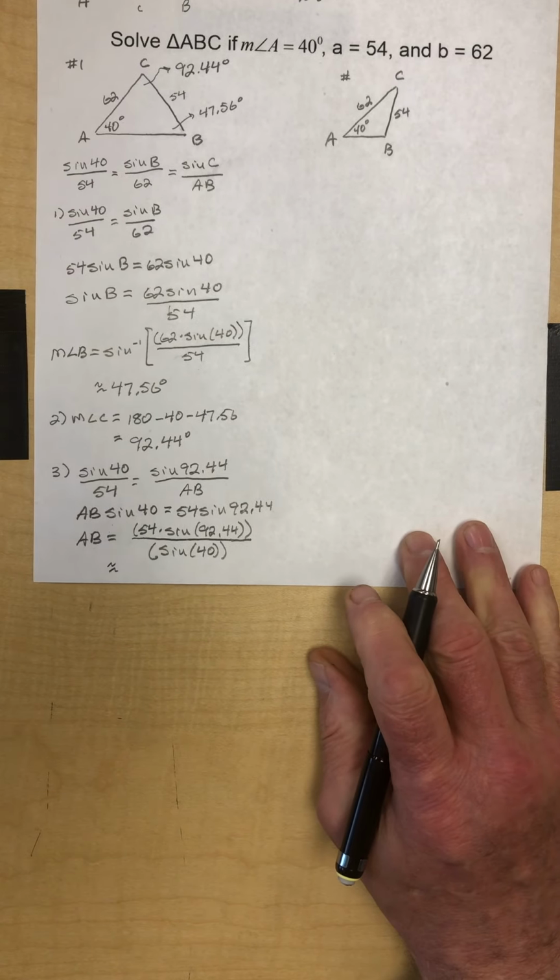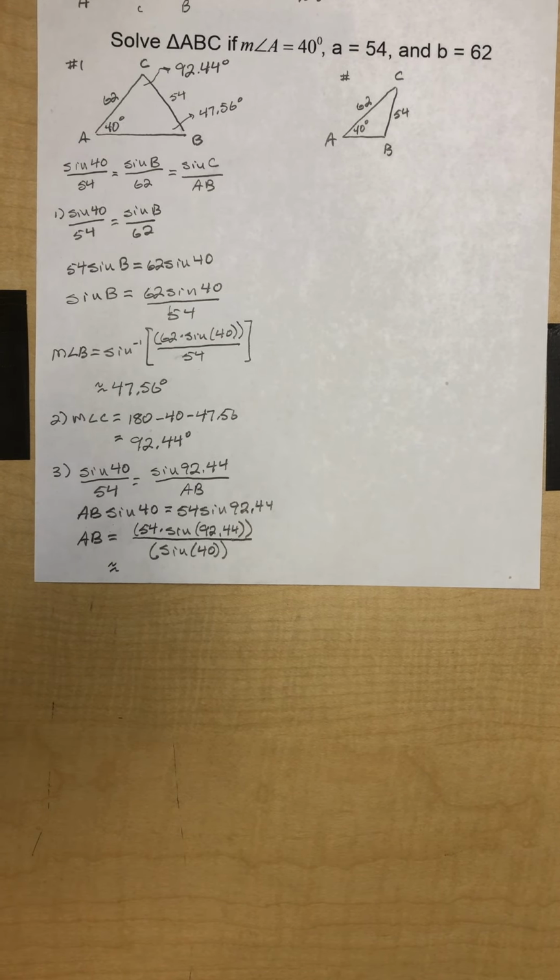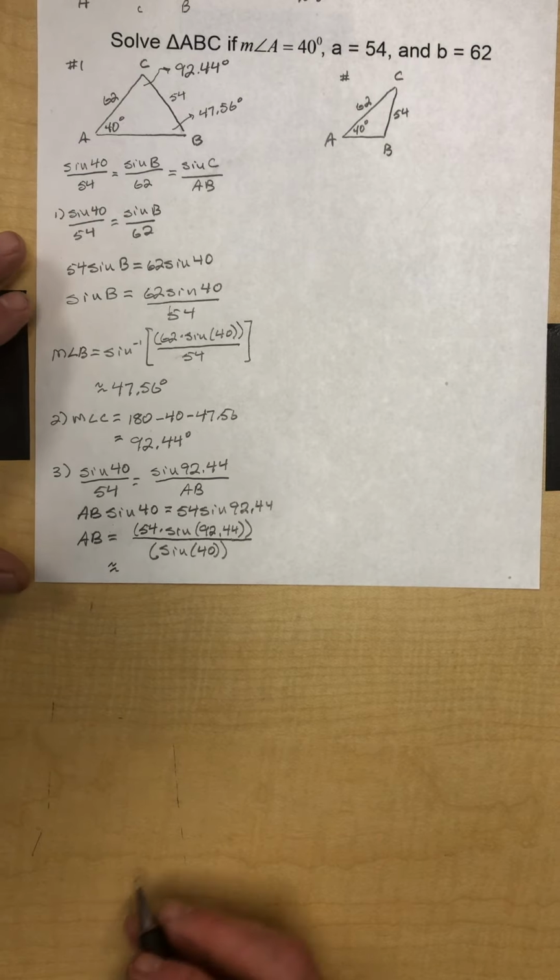Let's punch that in: parenthesis, 54 times the sine of 92.44, parenthesis for the 92.44, second parenthesis for the numerator, divided by parenthesis sine of 40, second parenthesis for the 40, and second parenthesis for the denominator, and hit enter.